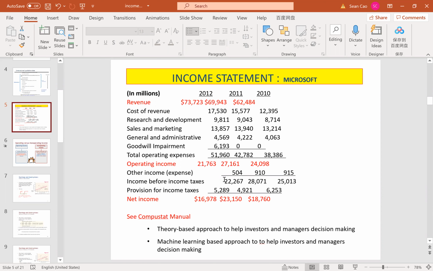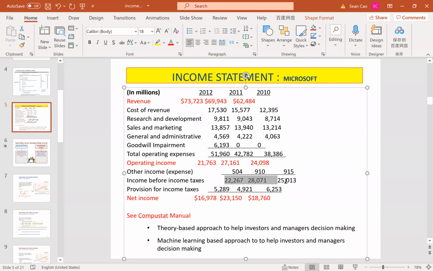Let's forget about tax, and say people focus on this number, 22,267. One message I want to deliver is, if you just look at the bottom line number, you may miss some information. For example, here we have other income and we have operating income.